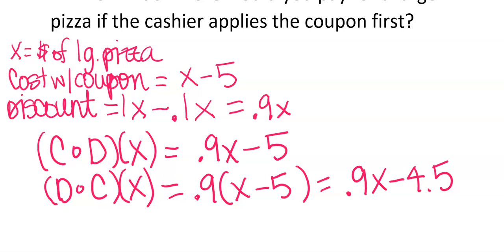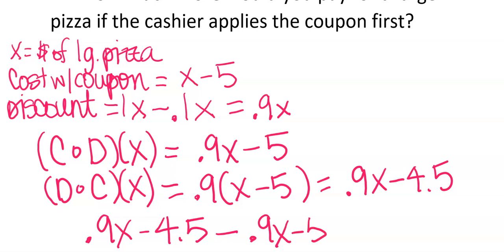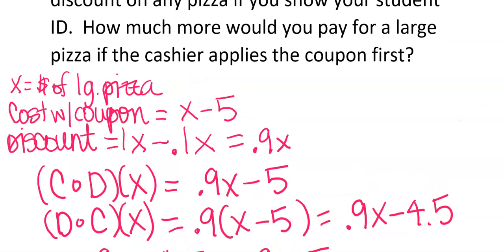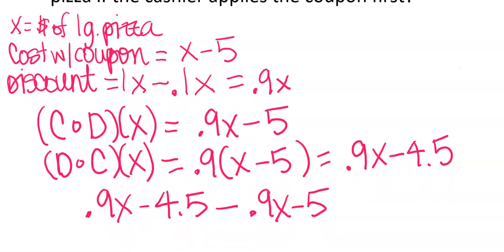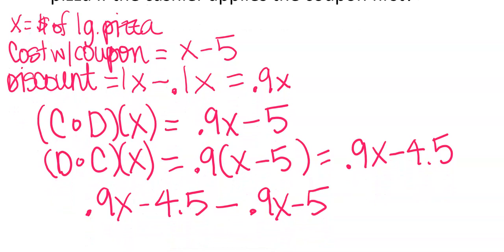So we're going to do the bottom one minus the top one. It's just asking how much more would you pay, which is the difference, if the coupon is first. So we're just going to subtract these, and I should put that in parentheses.